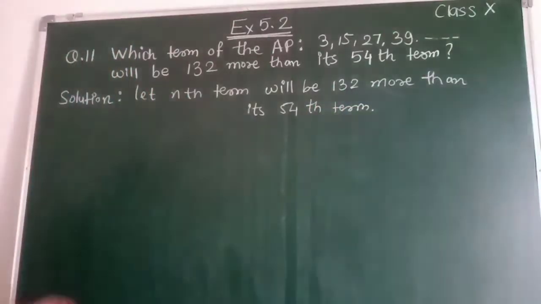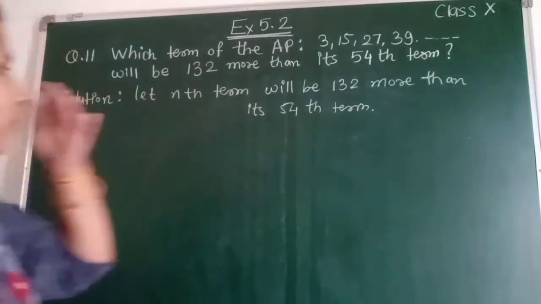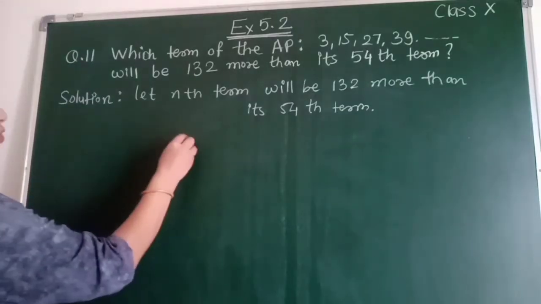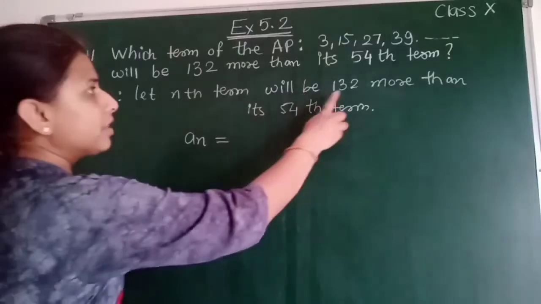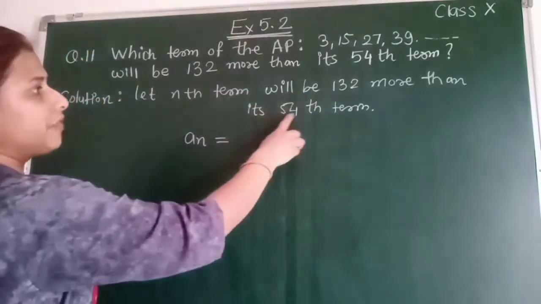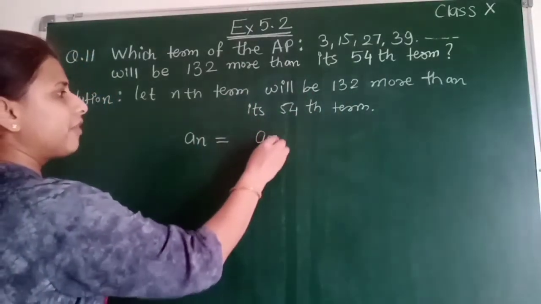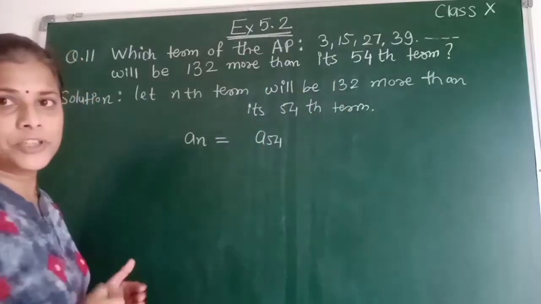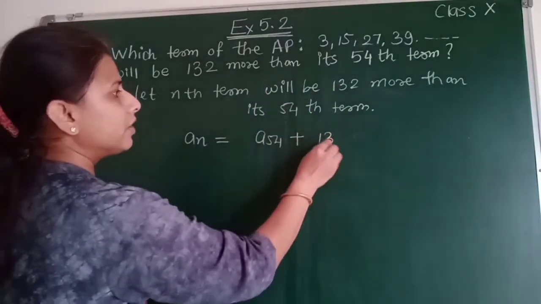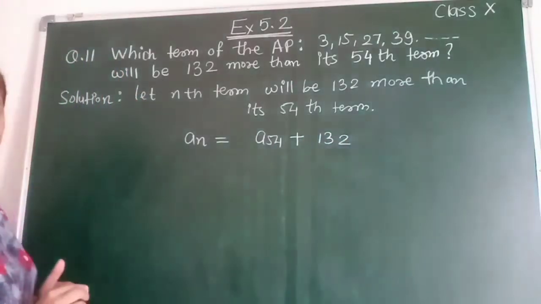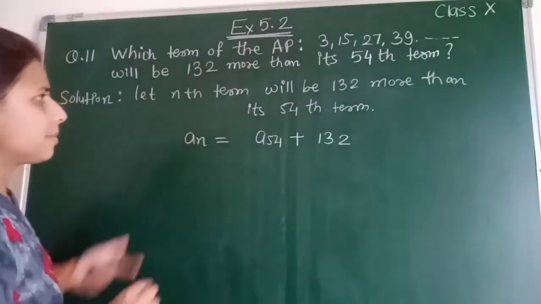Then what will be the relation between nth term and 54th term? Yes, according to the question, nth term means an is 132 more than its 54th term. It means a54 plus 132. For more than, which sign will we apply? We will apply the plus sign, 132.